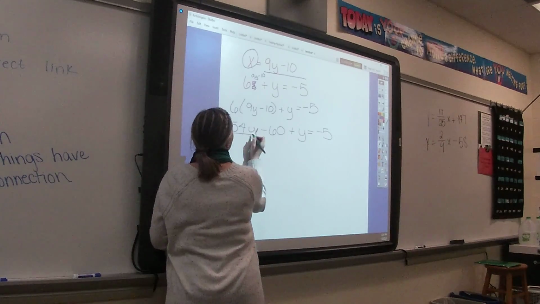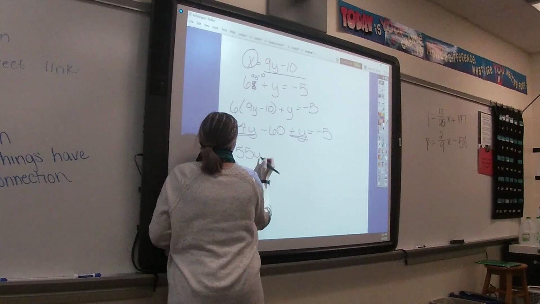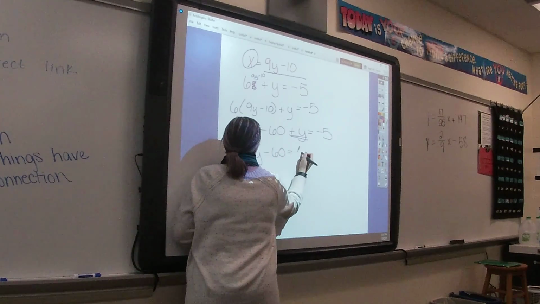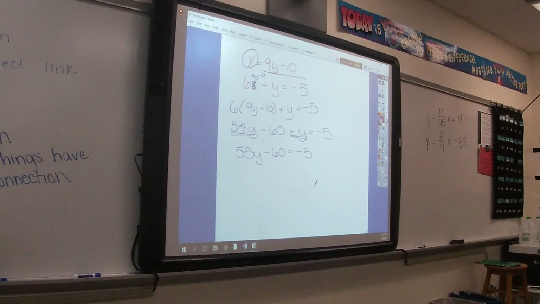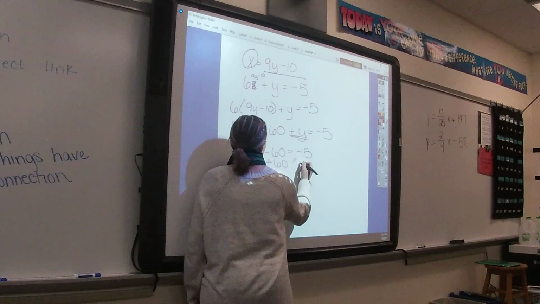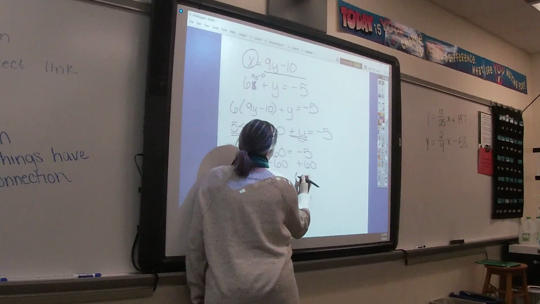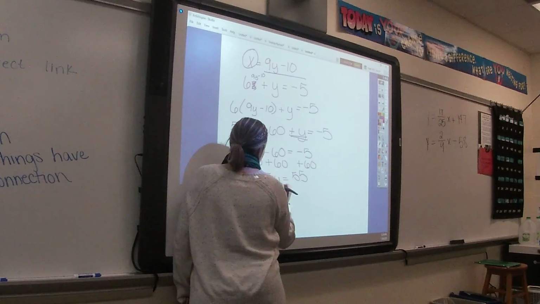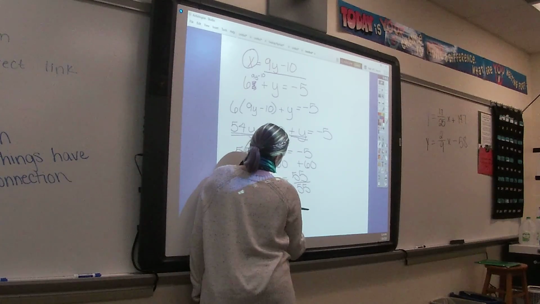Same. So same side, same sign. Yep. Add 60. Add 60, and hopefully at this point we're like, okay, I can do this. 55y equals 55.